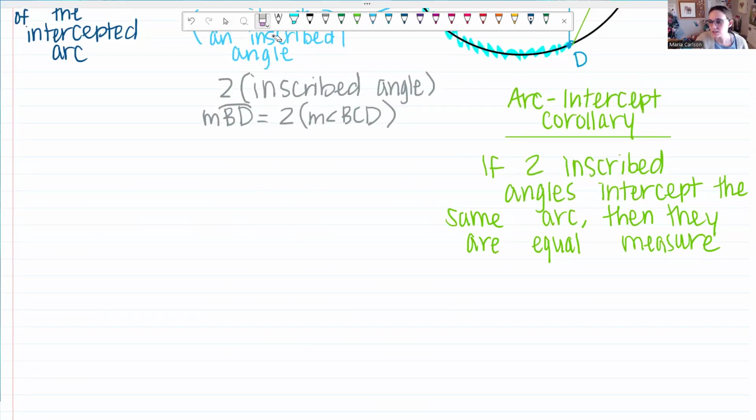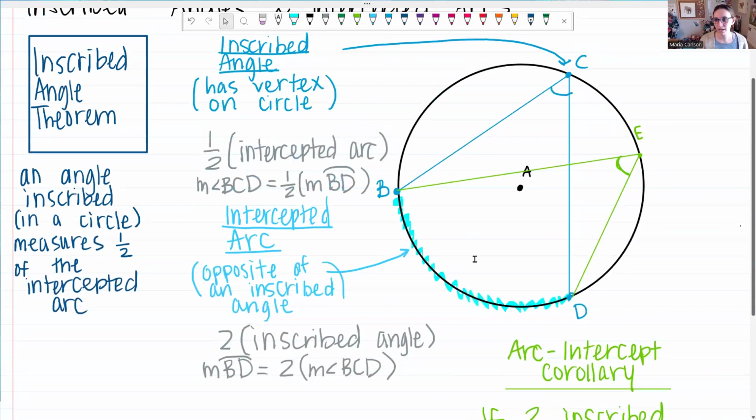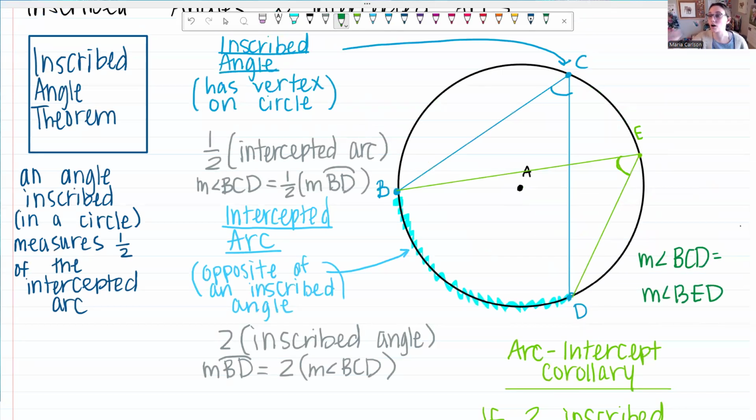All right. So again, if I have that same intercepted arc for both inscribed angles, I have angle BED and angle BCD. They both have intercepted arc BD, so I know then that the measure of angle BCD is equal to the measure of angle BED. And both of those are half of the intercepted arc.